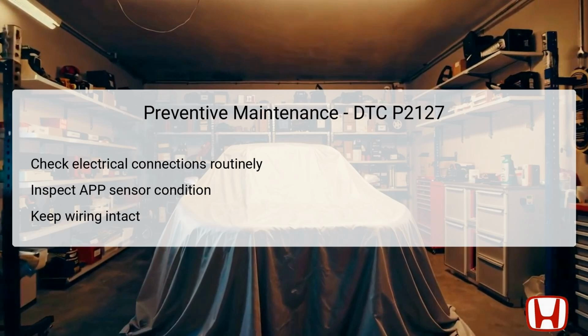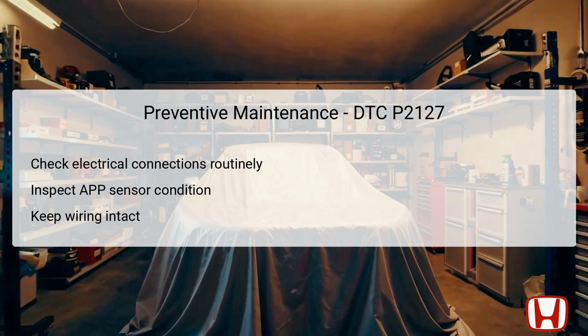Preventive maintenance is an important aspect of vehicle care that can mitigate future issues related to DTC P2127. It is crucial to routinely check the electrical connections around the APP sensor and PCM, ensuring that they remain tight and free from corrosion.